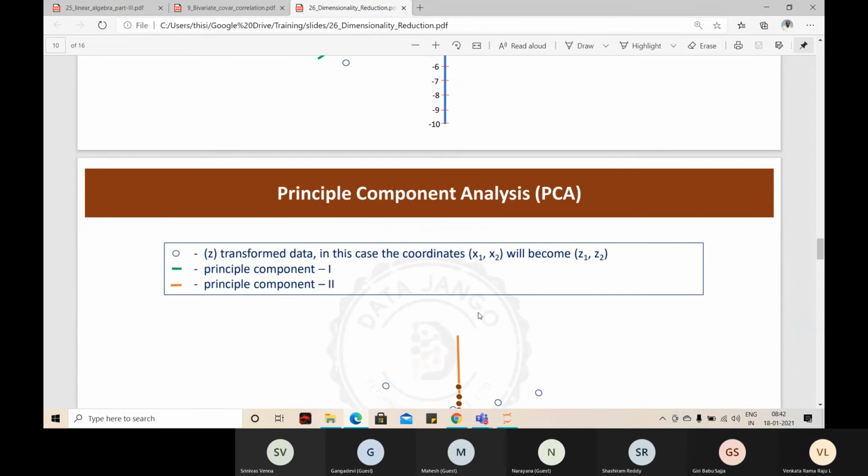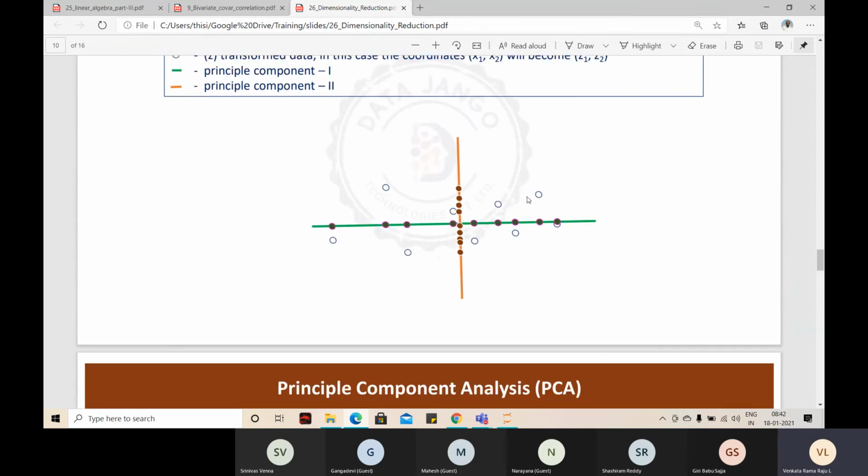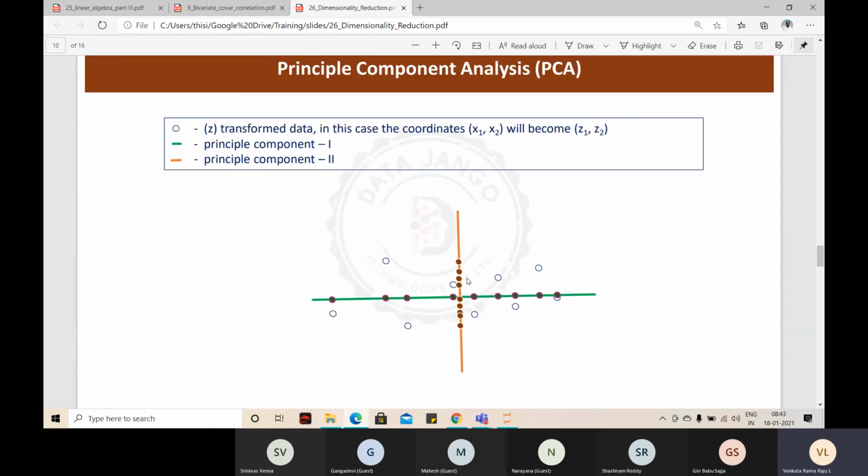Now, the original data we will not consider. We take these data points, the values on the x-axis and the values on the y-axis, as the columns. That is called principal component analysis, the dimensionality reduction technique.